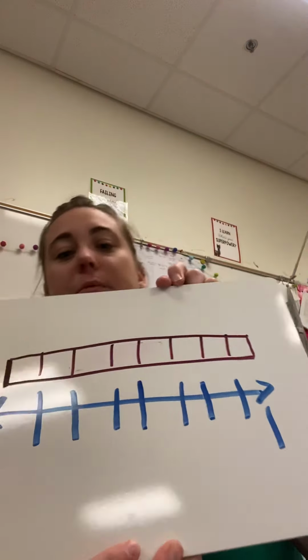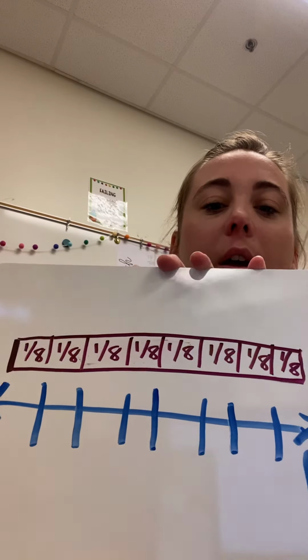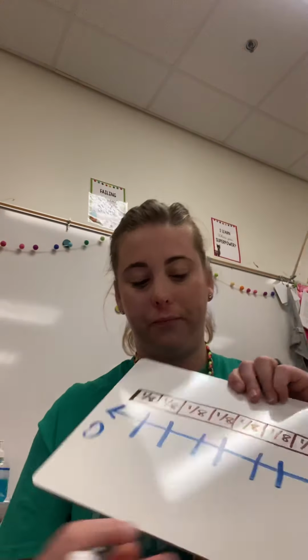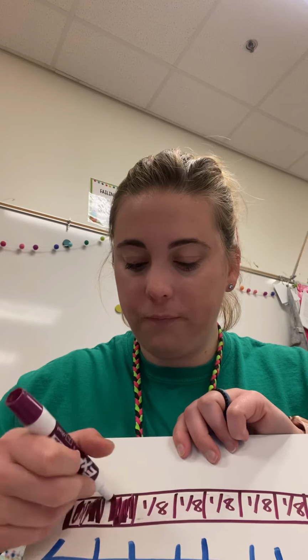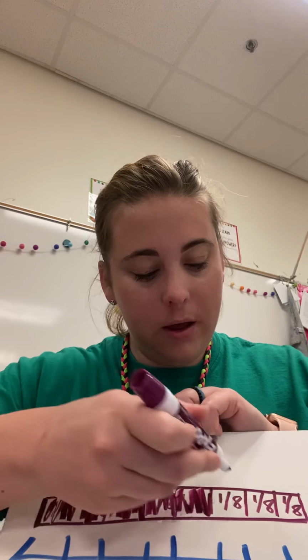So your fraction bar should look like this. And each one of these pieces is equivalent to 1/8. See? So if 6 of them are shaded in, 1, 2, 3, 4, 5, 6.